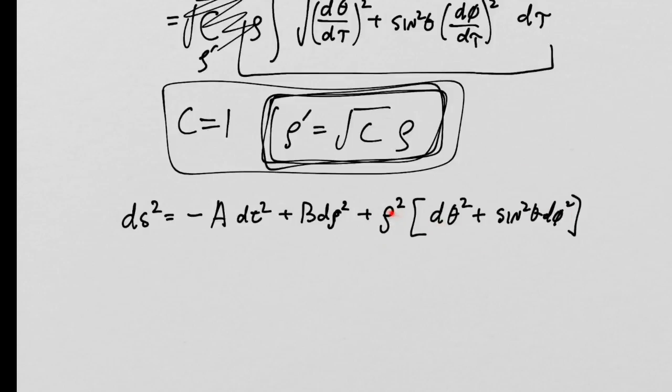Now, rho has been rescaled, so what's interesting is it's not going to represent the distance to the center. However, if you integrate over a sphere at a certain value of rho, the surface area of that sphere will be 4 pi rho squared. So the surface area of every sphere at a coordinate distance rho will be exactly what you expect.